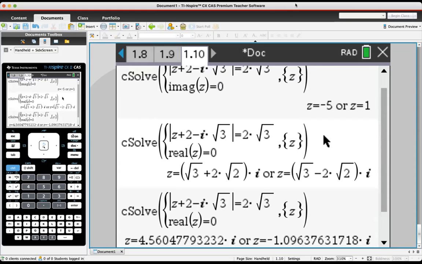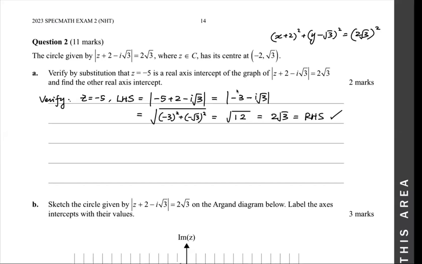Okay, so let me just get back to the working document and complete the working.